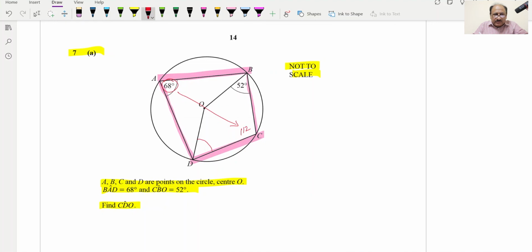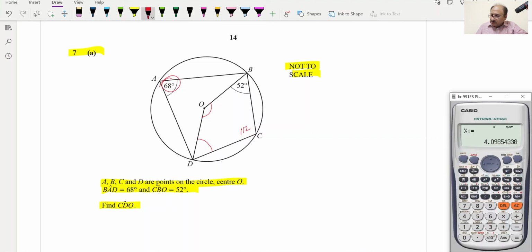Now one more thing we can understand that this top angle, I'll erase the extra explanation arrows, and this angle is angle at the circumference, and this angle is angle at the center from the arc DB. So we can write down this will be double, 2 times 68.